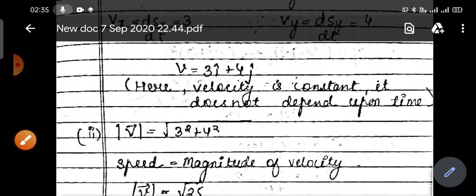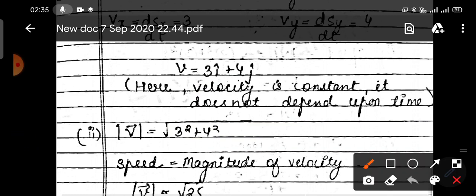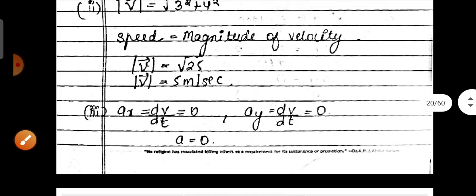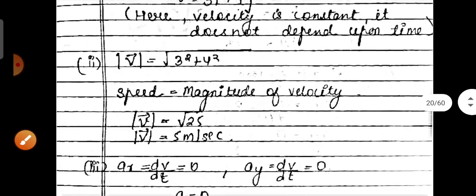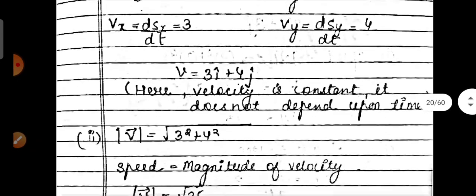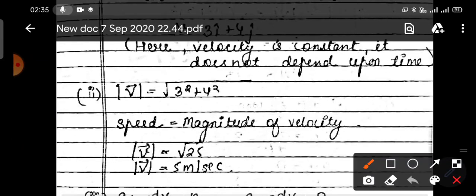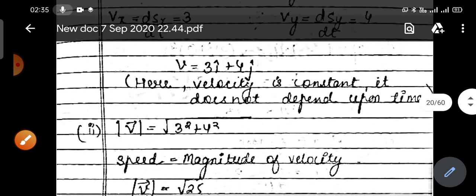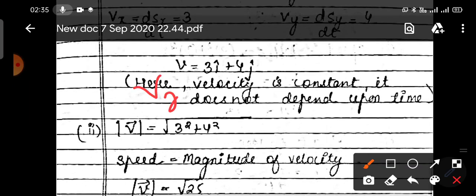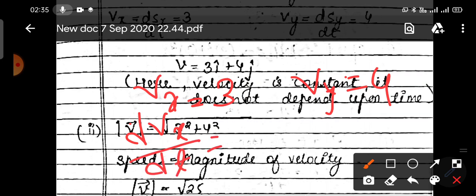Now acceleration. Acceleration means, again you have to differentiate this term. This is your velocity equation. So velocity in x direction is how much? 3. Velocity in y direction is 4. Now if you differentiate this equation, dvx by dt, now 3 is a constant, so differentiation of constant is 0.